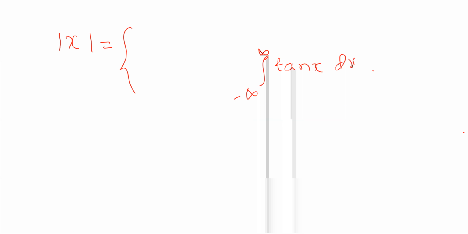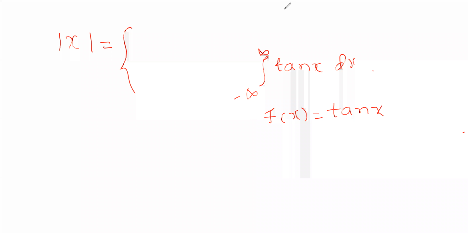Now we take f of x equals tan x. If you remember tan of minus x, you can take it directly. Otherwise, we can write it as sin x by cos x.